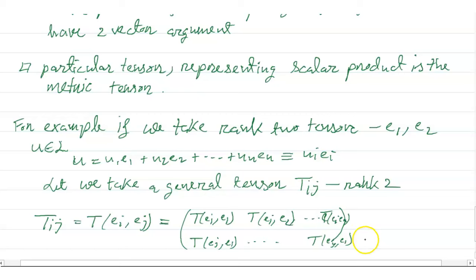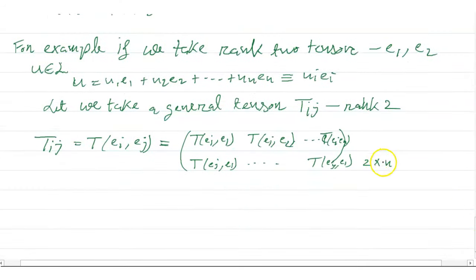So friends, this is the type of tensor where row is 2 and rank is 2. It can be written in a lot of ways, but here the row is 2 and n is the column.